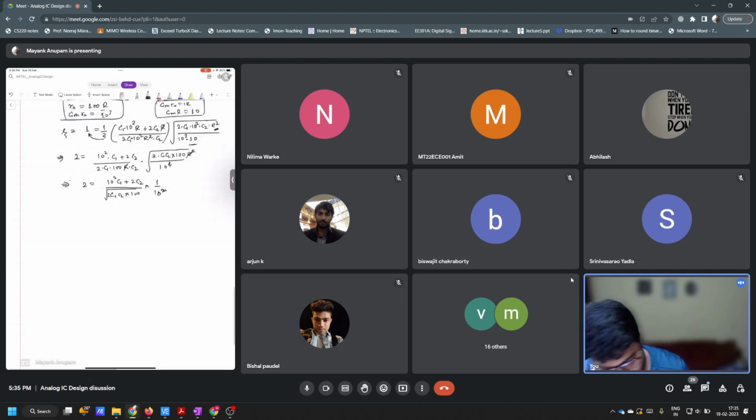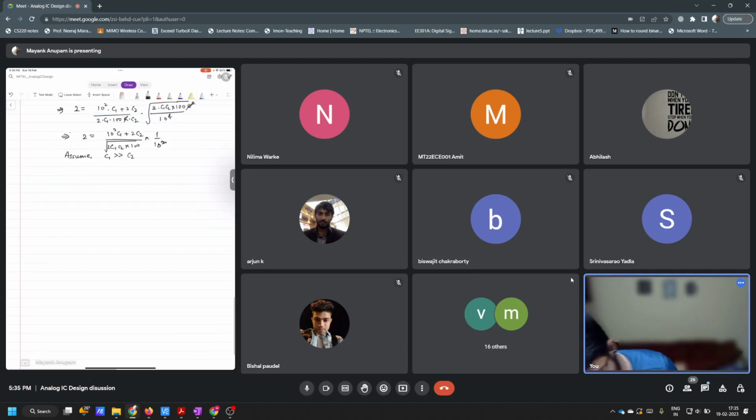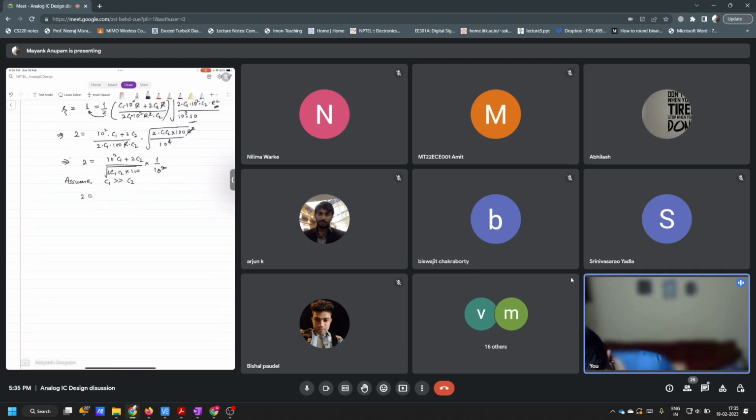So what should be the next approximation here? Assume C1 is much greater than C2. We assume that C1 is much greater than C2. Then 2 is equal to, this term will simply go away, right?